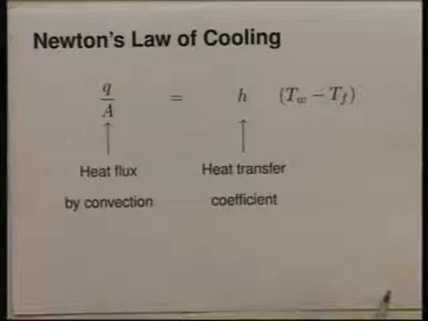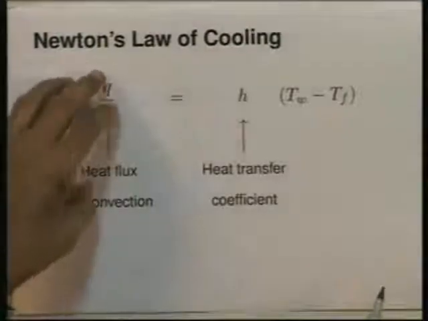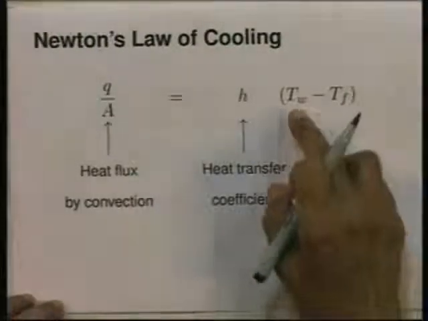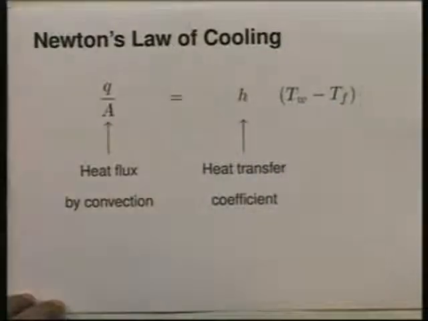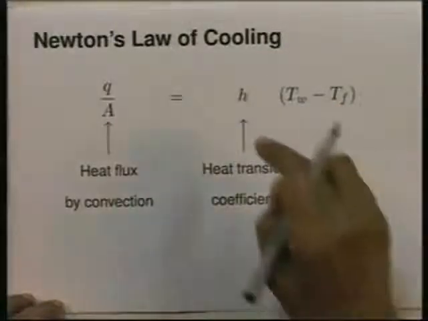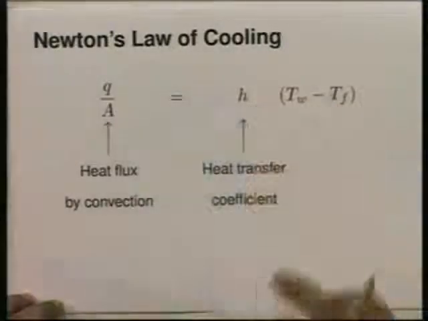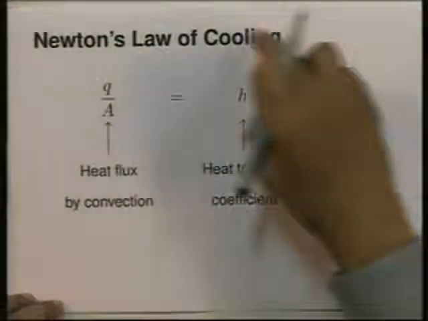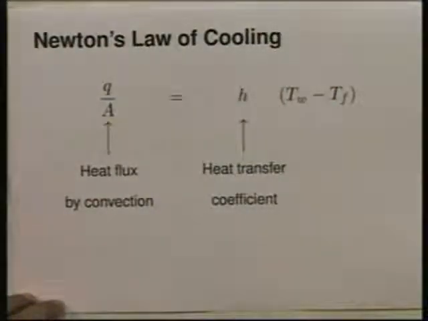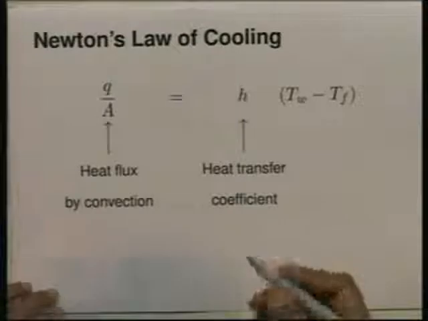I get the equation Q by A is equal to H into (Tw minus Tf). Q by A is the heat flux by convection, Tw minus Tf is the temperature difference between the wall and the fluid, and H, the constant of proportionality, is called the heat transfer coefficient. All right. So, let us look at the units again.